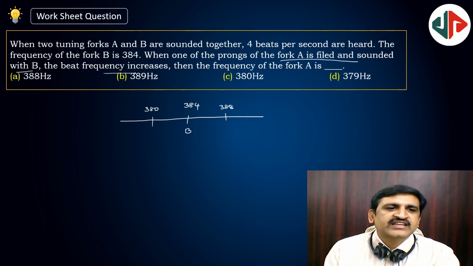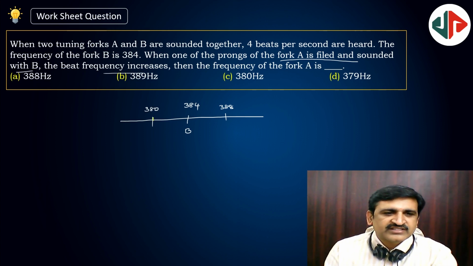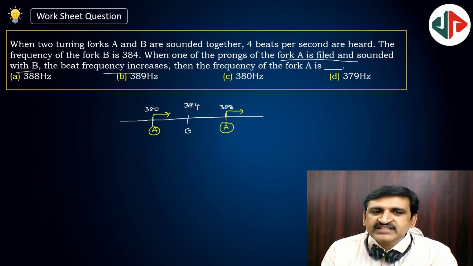Beat frequency increases. A is filed. On filing, this frequency will increase. Filing means rubbing. So this frequency increases, it can be either one. We have to decide. If its frequency increases, if it is the answer, the number of beats should come less than 4.